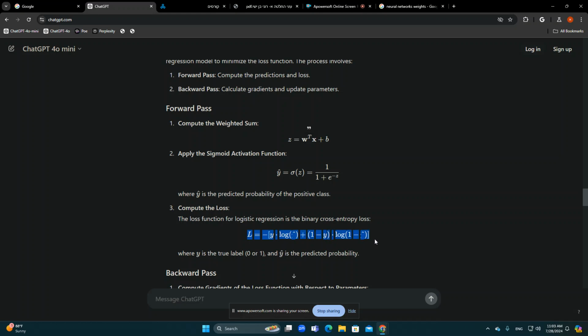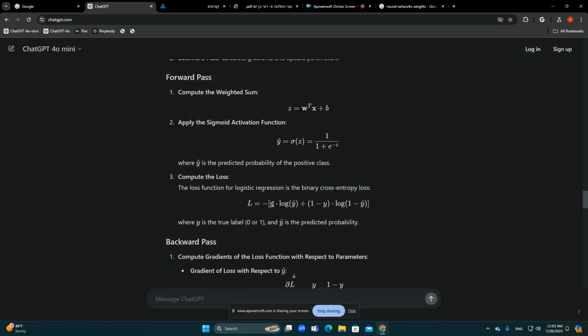And we will use the loss function to evaluate the result we got from the model using the cross entropy. Cross entropy loss, sometimes called log loss: you can see here y, the true label, times log of y hat, which is what we got from the model, plus 1 minus y.